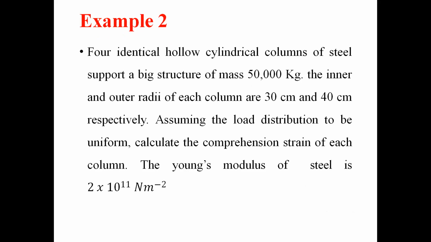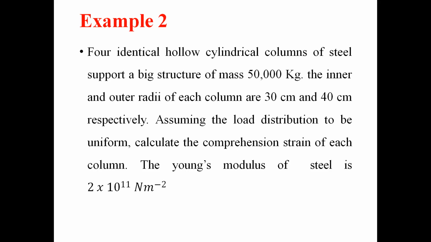Another example, example 2. Four identical hollow cylindrical columns of steel support a big structure of mass 50,000 kg. Hollow means nothing but empty inside. The inner and outer radius of each column are 30 centimeters and 40 centimeters respectively.